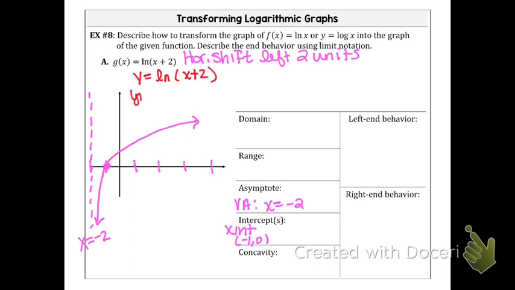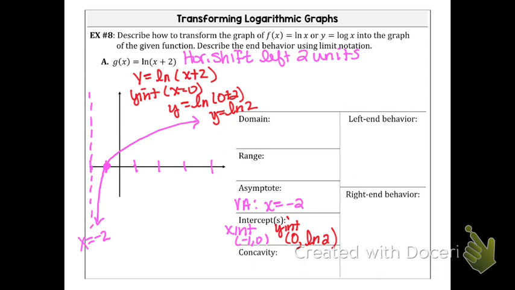To find the y-intercept, we know our x is 0. So y is equal to the natural log of 0 plus 2, which is just the natural log of 2. So we have a y-intercept at (0, natural log of 2). Natural log of 2 is an ugly decimal, so I'm just going to leave it as natural log of 2 because that's nice and neat.